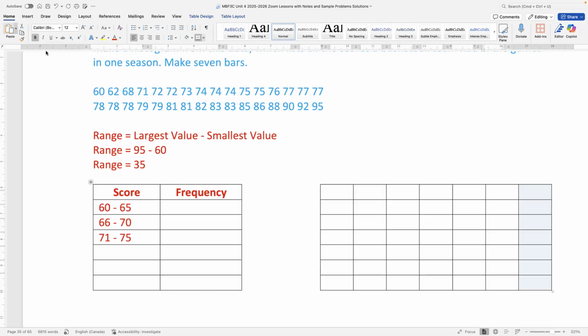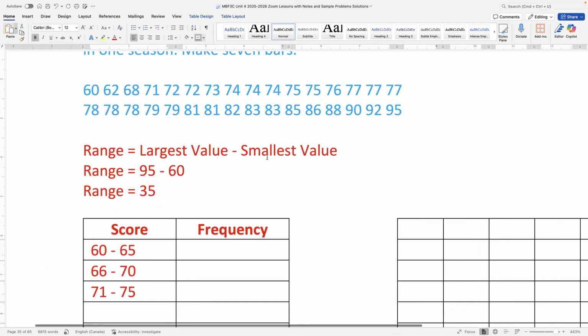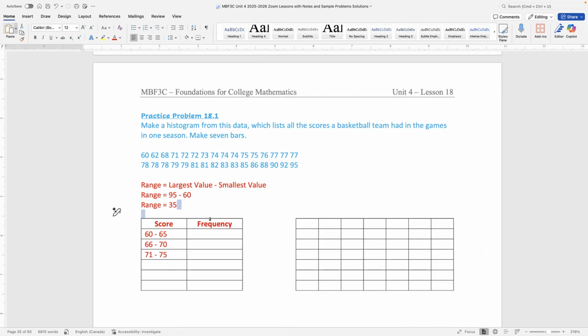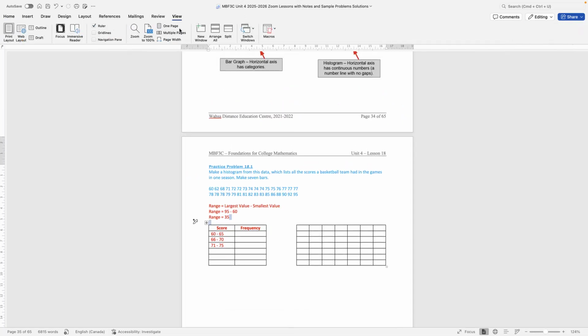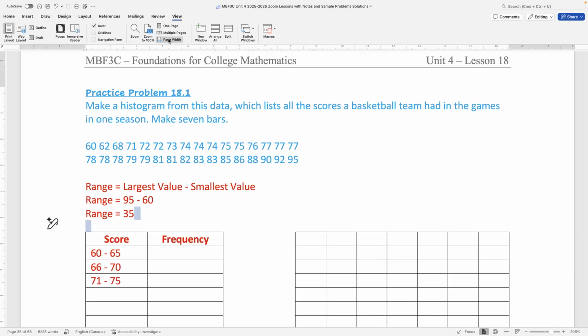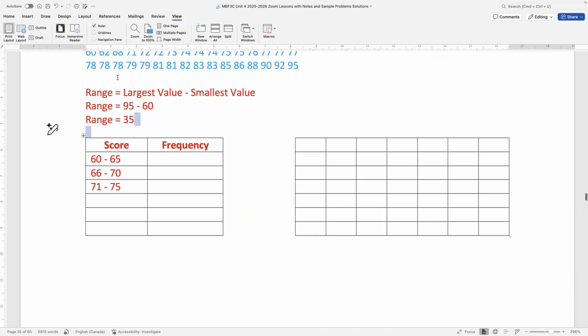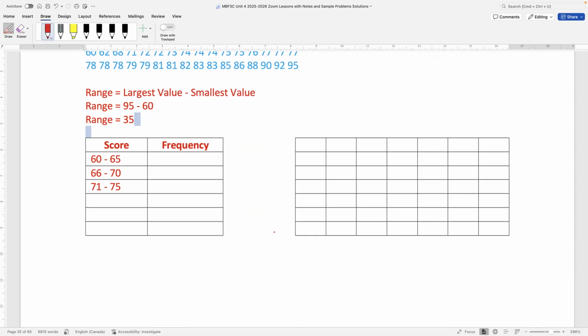So what I'm going to do is, I'll move my mouse quickly and now it makes it too small. So let's go to view and change it to page width. Okay, so I'm going to have to draw. So I'll do this slow so that it hopefully comes out as I want it to.